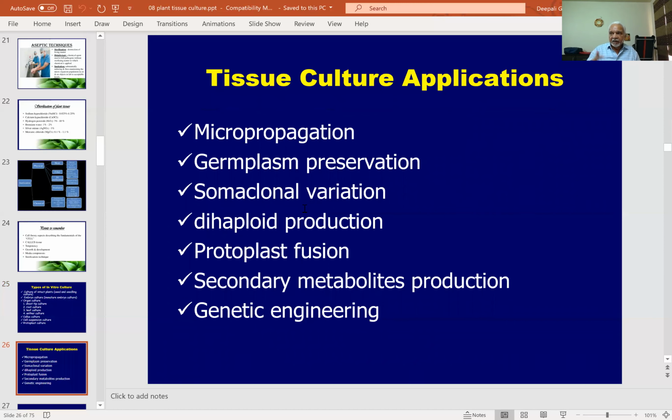And the application part of this plant tissue culture technique is enormous, actually. And we will see one by one, for example, micropropagation, that how this technique has been used for multiplying the plants or to generate the same kind of clones genetically.